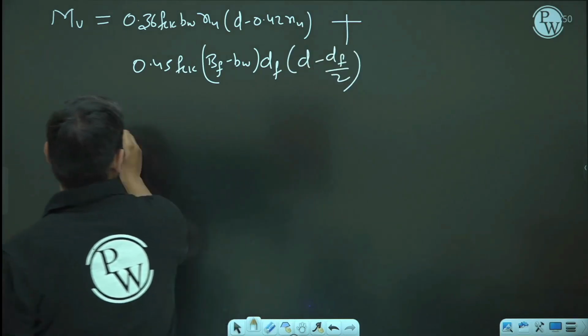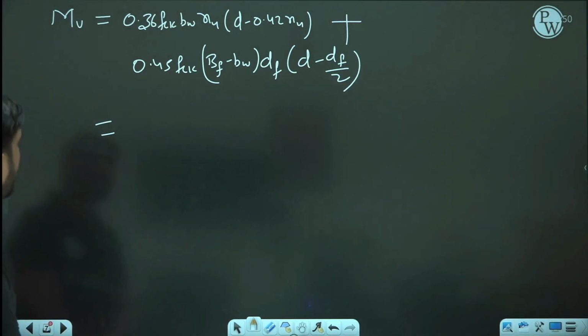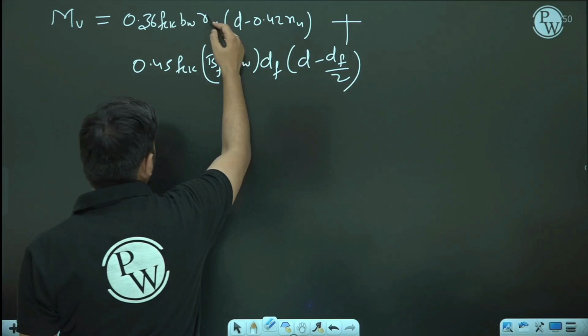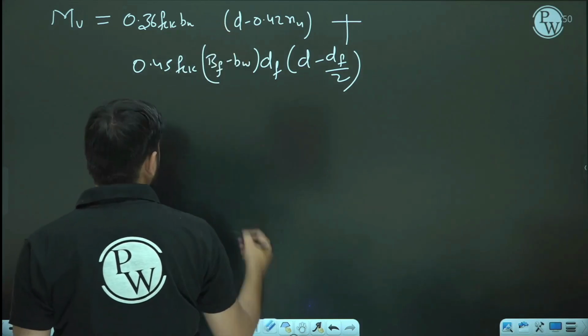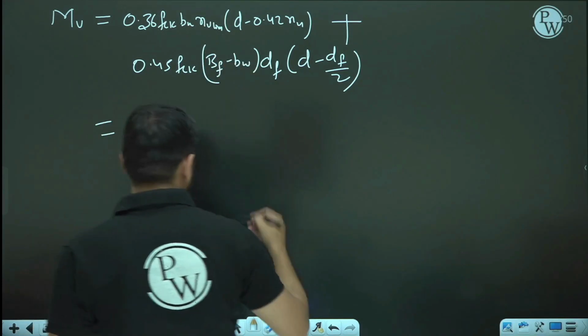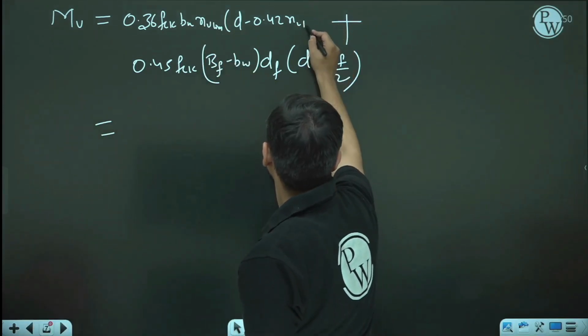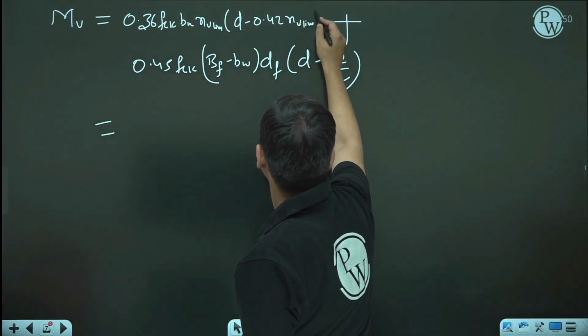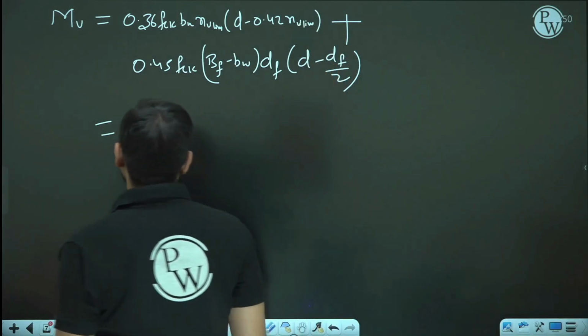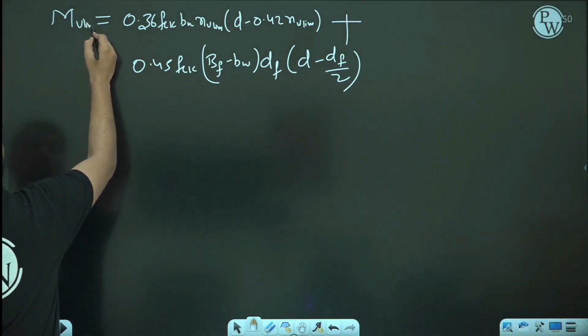So substituting FCK as 20, BW as 400, and XU as XU lim, my dear friend, you are going to place XU as XU lim here, and here as well. So you will be getting the value of Mu. Mu is also limited to Mu lim.